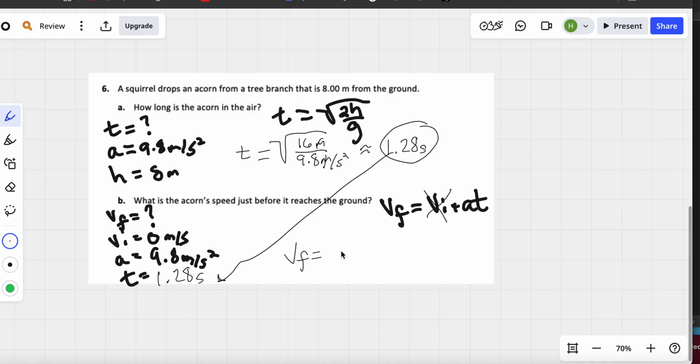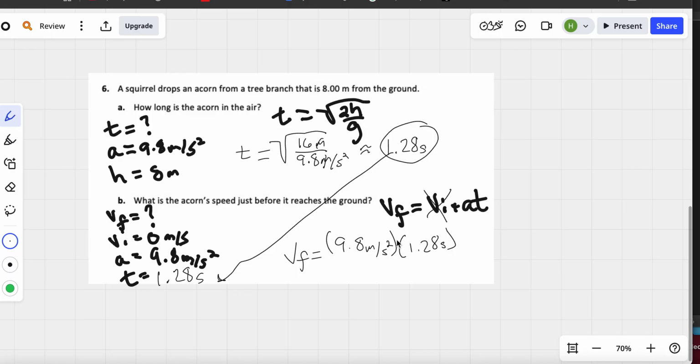So VF equals A, which is 9.8 meters a second squared, times 1.28 seconds. I'm going to check this out. I think I did this right. Yeah, I did.